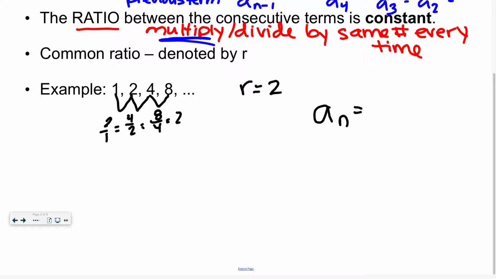R to the power of n. If we thought about squares, it'd be like 2, and if you do the second term, 2 minus 1 would be 1.